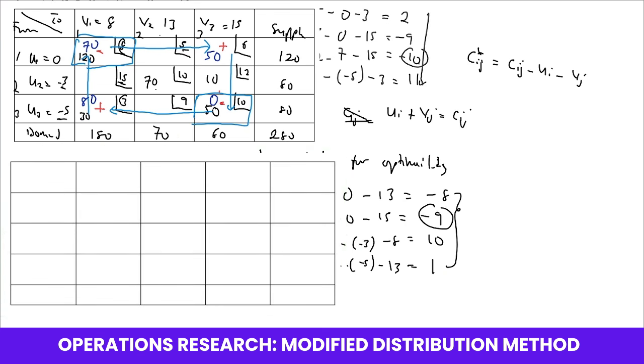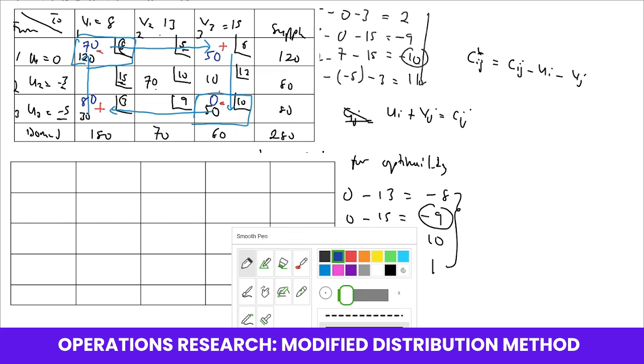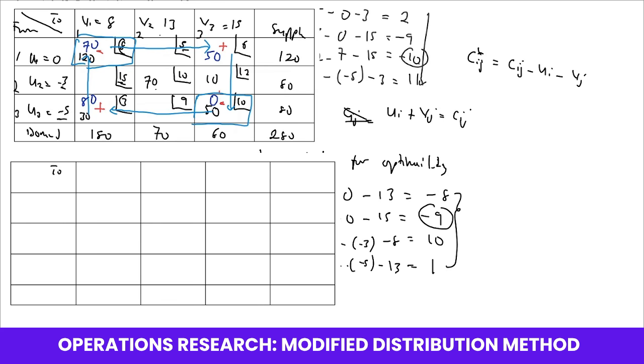So we have the demand here and the supply. 120, 80, 80, 280, 60, 70, 180.